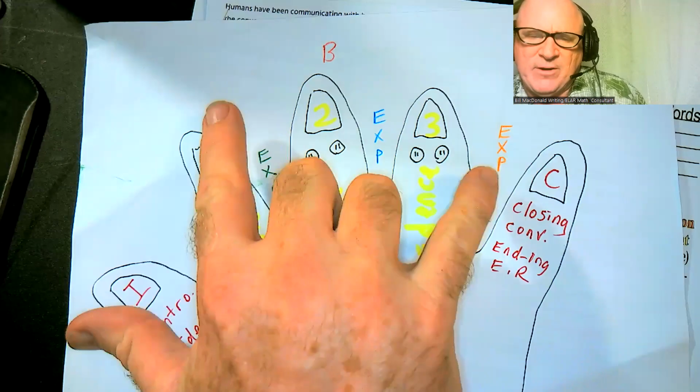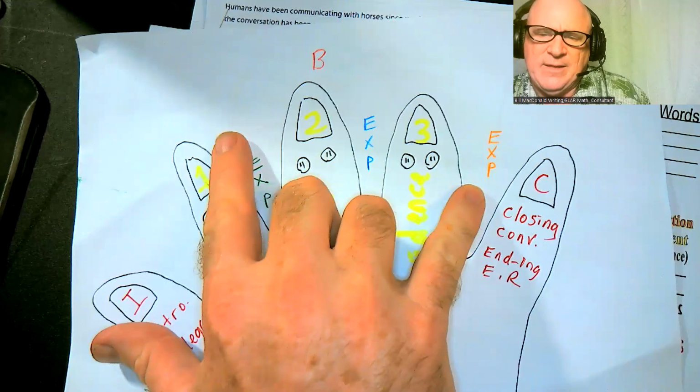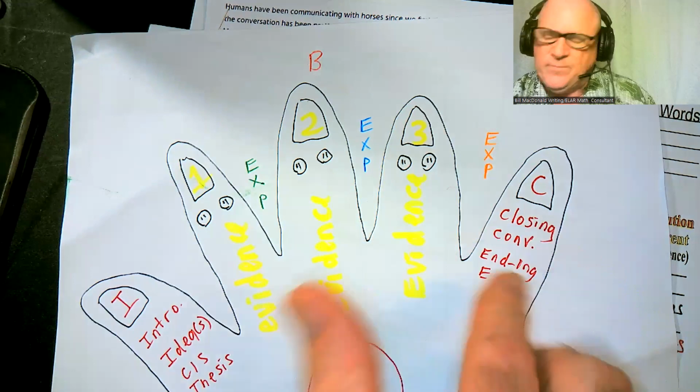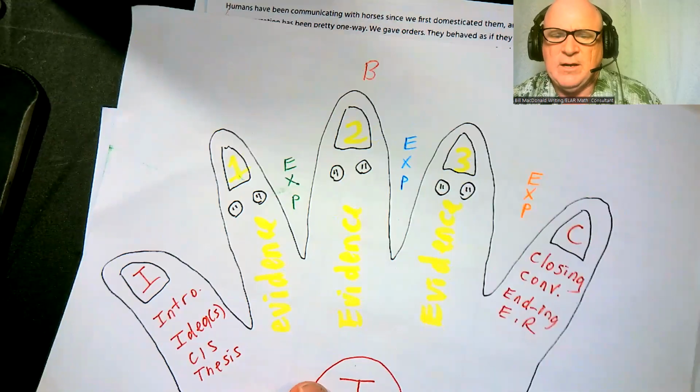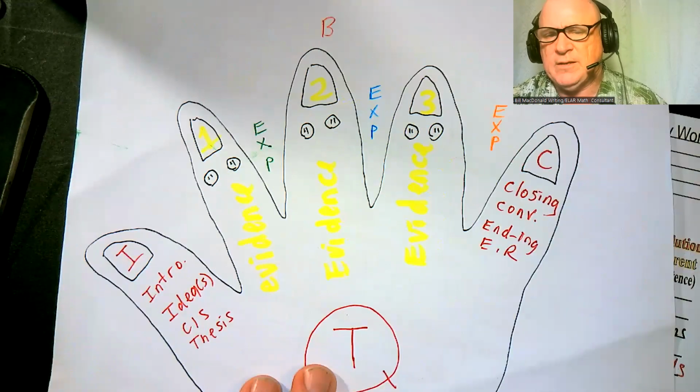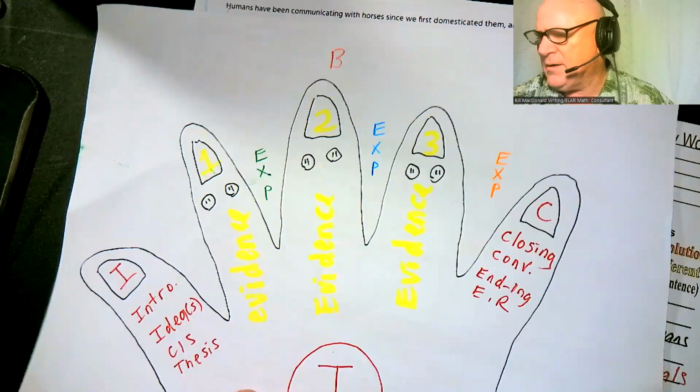So that's why I only have my pointer finger up, and then you can transition to the closing. And so that's what I have as my first sample, how to do a simple response with kids, and then you can build from there.